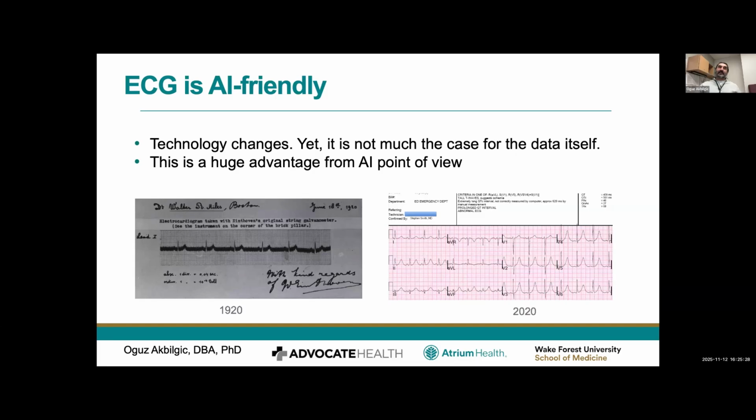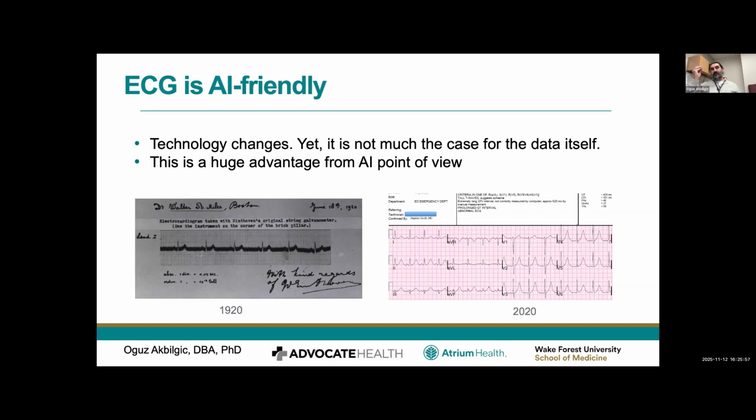As an AI data scientist, what excites me about ECG most is that it is very AI friendly. What I'm saying is you may have a medical imaging MRI machine, maybe 15 years old. You may have developed one of the best models that takes those images as input to classify certain tumors. But imaging technologies advance a lot. They get better and better.